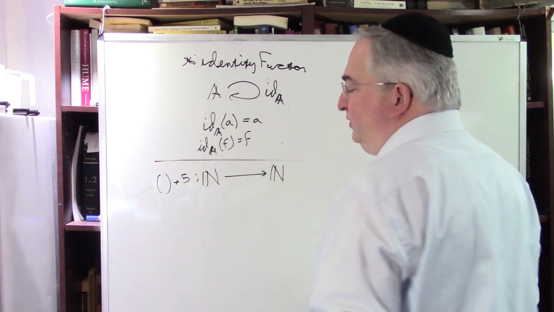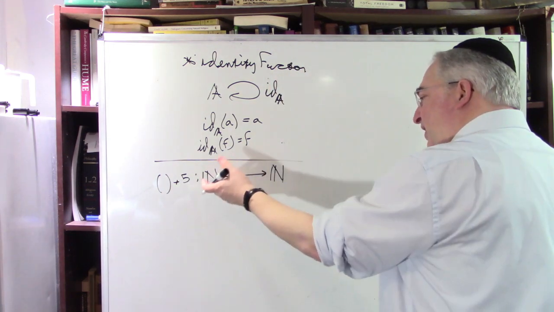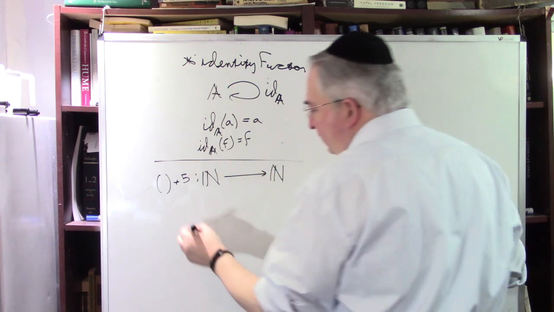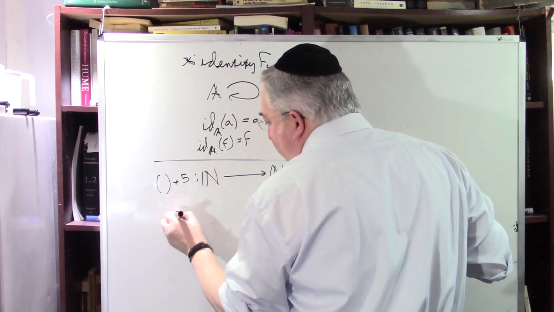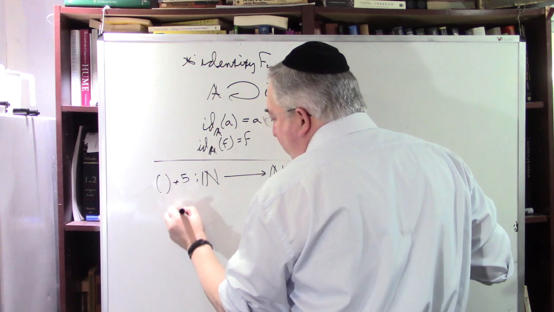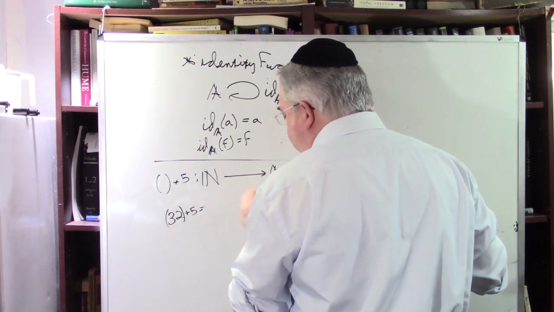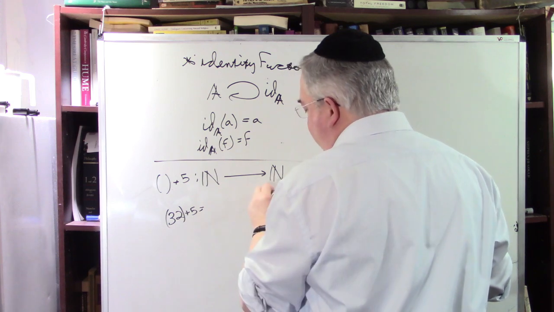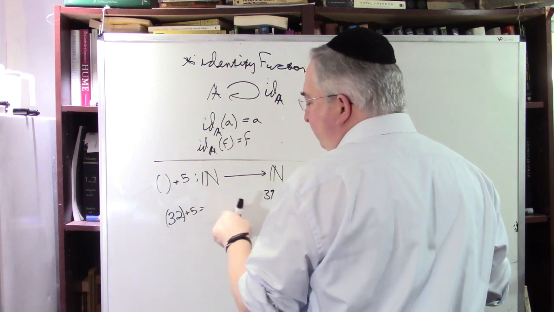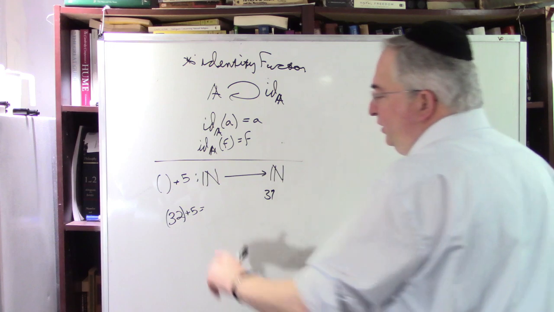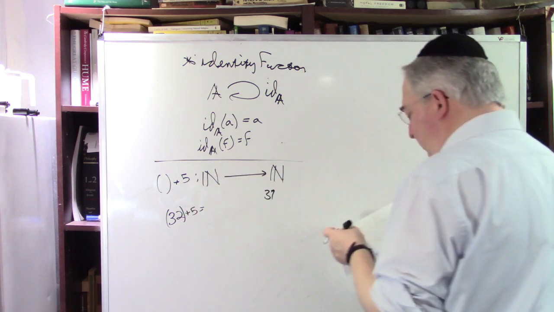This is a stupid functor that takes any natural number and adds 5 to it. So let's do it. 32 plus 5 equals, what should you put in? It's equal to 37 over here. 32 plus 5 is 37. So you take an input here and you get an output over there.